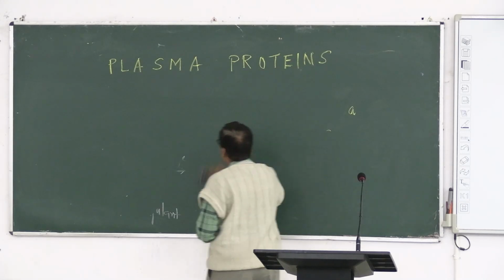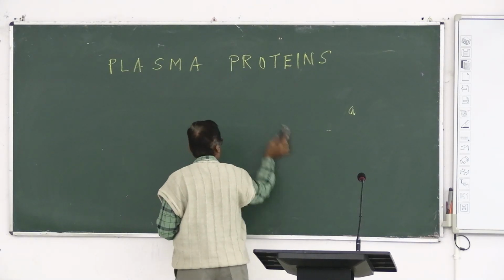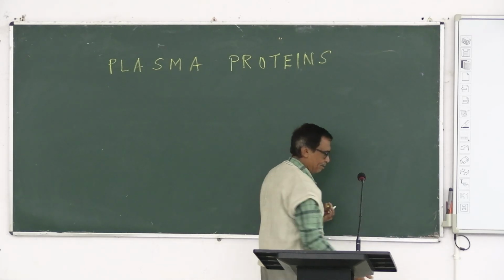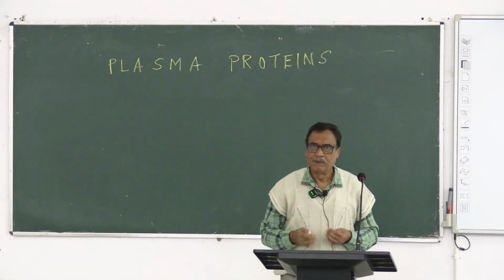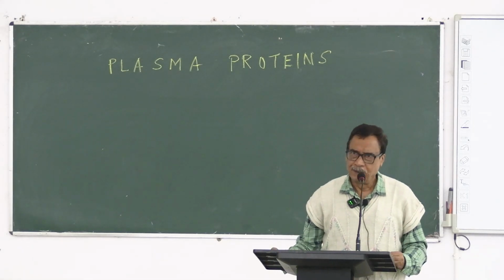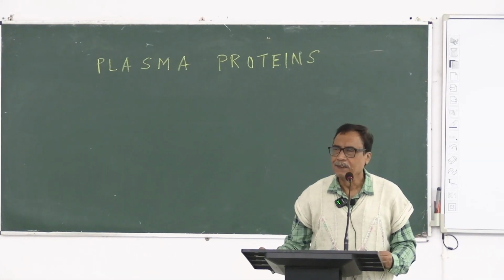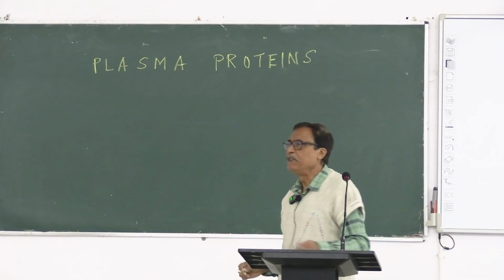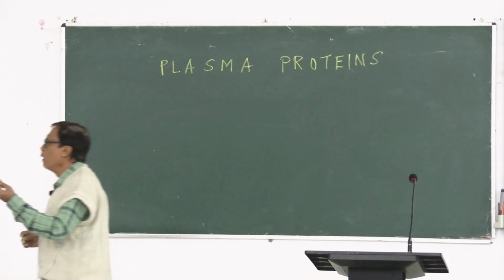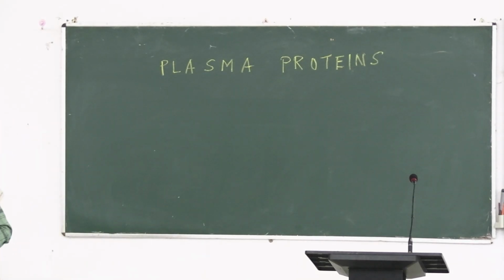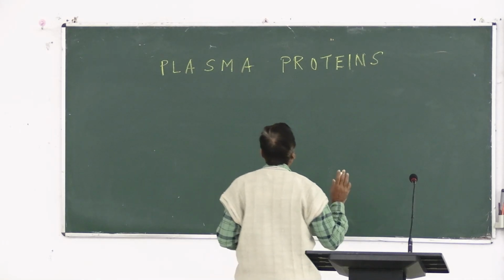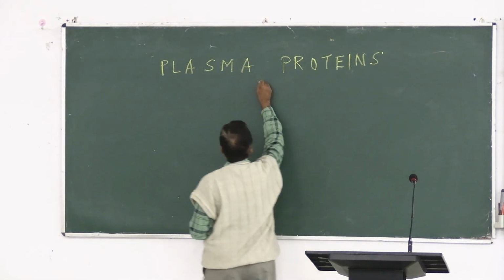Now, I will talk about the proteins and their quantity present in the plasma. I have told you that several hundred proteins are present in the plasma. Some are in significant amounts, some are in very minute or trace amounts. Three major proteins are present in the plasma. What are the three major proteins?